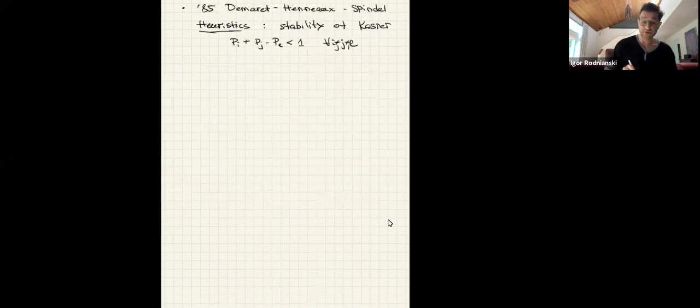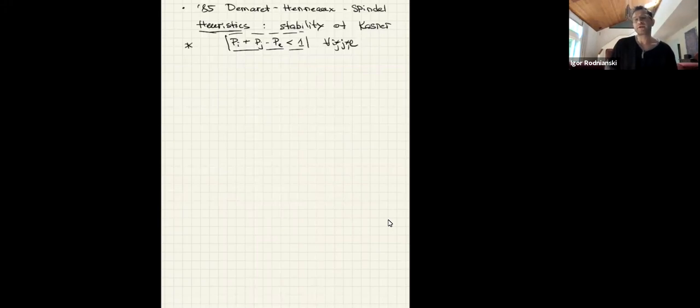This is the condition. So if you start with initial data close to a Kasner solution with exponents p_i, where each 3 of such exponents satisfy this condition, then you should expect stability. So let me call this condition star.